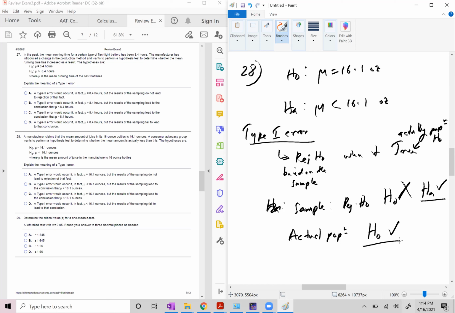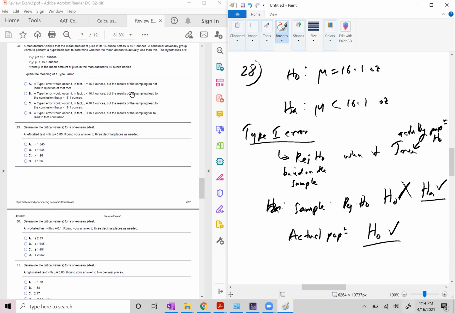So this has to be set in words now. Let's see which one tells it the best. 28. A. A type 1 error would occur if in fact mu is 16.1 ounces, but the results of the sampling do not lead to the rejection of that fact.